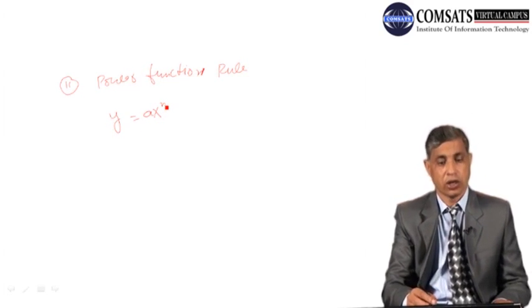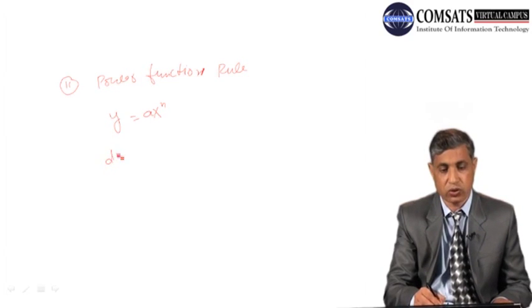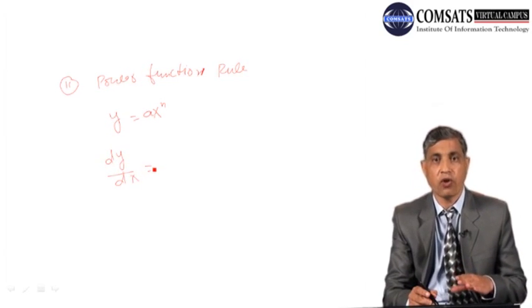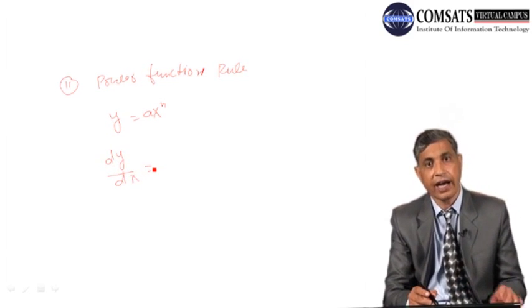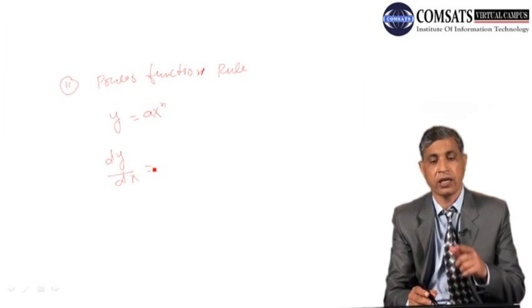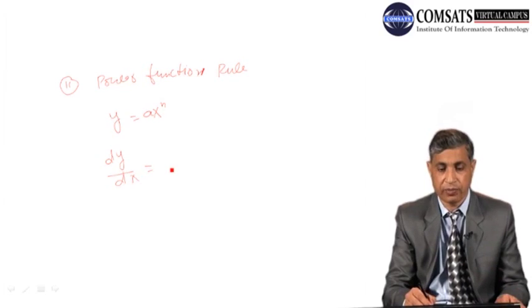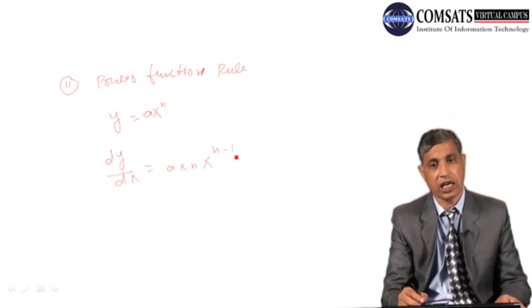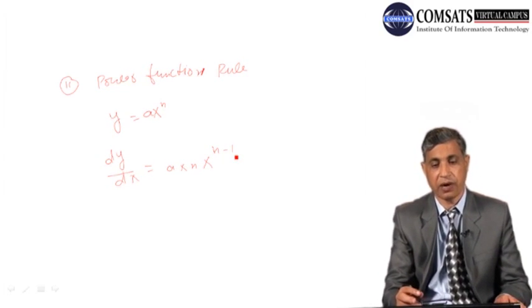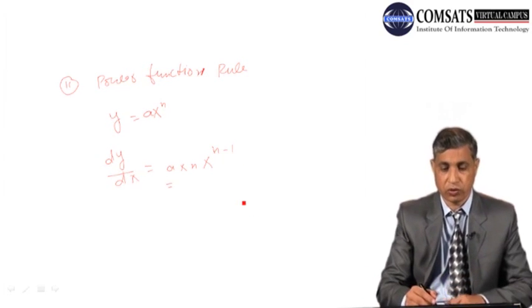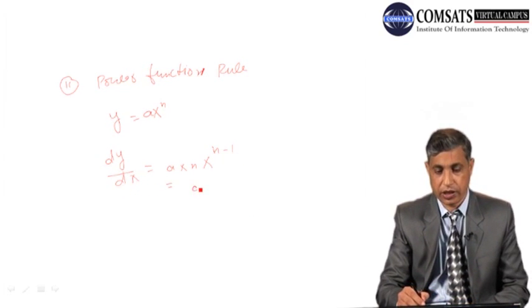So the derivative, dy over dx, is equal to multiplying the coefficient with the power and subtracting 1 from the power. It will be equal to a n x power n minus 1. This is called the power function rule.